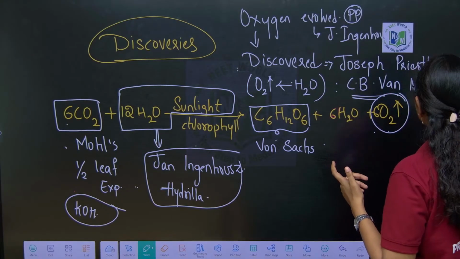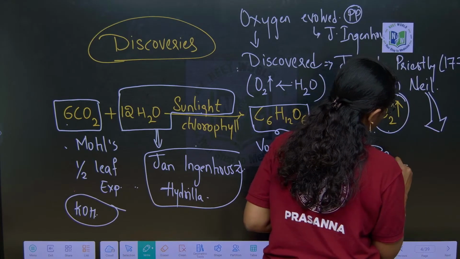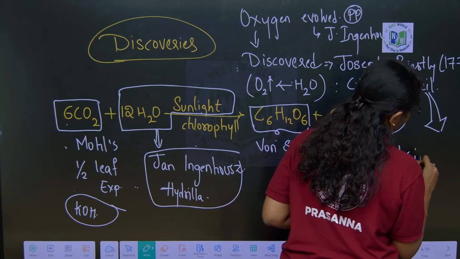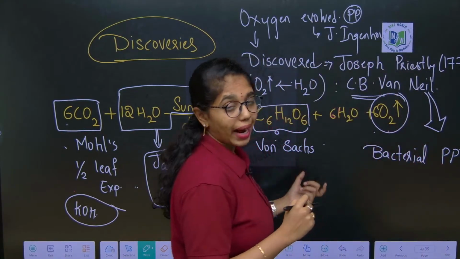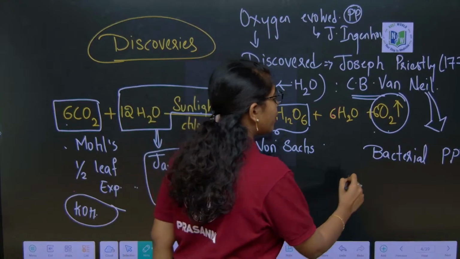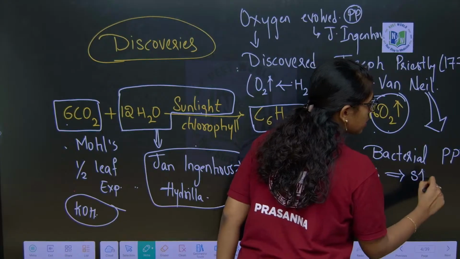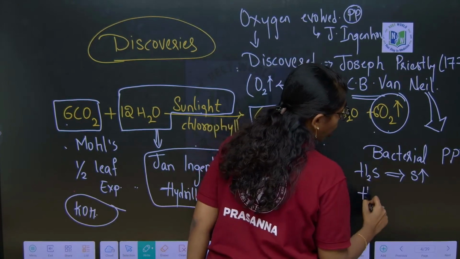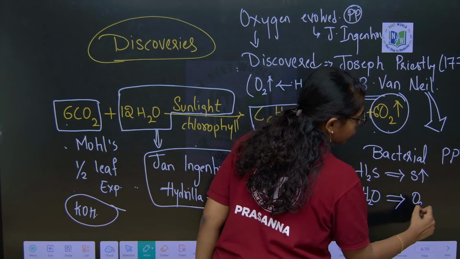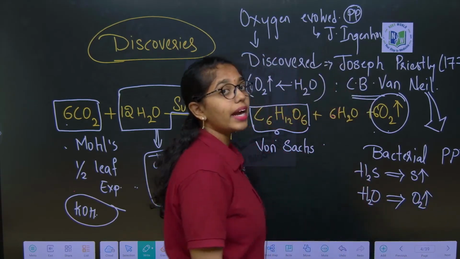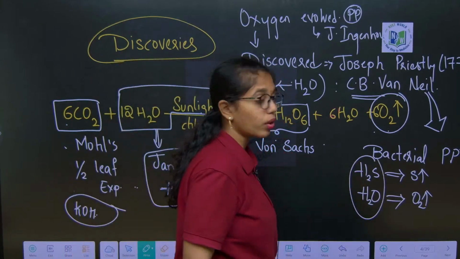C.B. Van Niel conducted bacterial photosynthesis, wherein he said that for bacterial photosynthesis, the electron donor is H2S, whereby sulfur is evolved. For oxygenic photosynthesis in higher plants, water is the electron donor, whereby at the end oxygen is evolved as a byproduct.